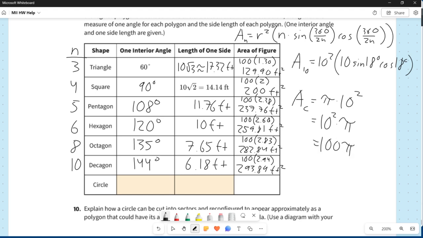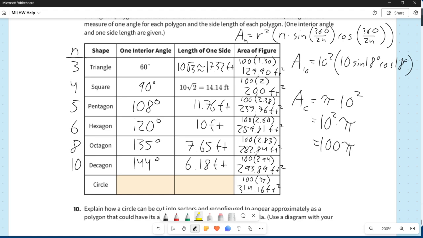So it's 100 pi. And so if I continue my pattern here, I end up getting 100 times pi, which is 314.16 square feet.